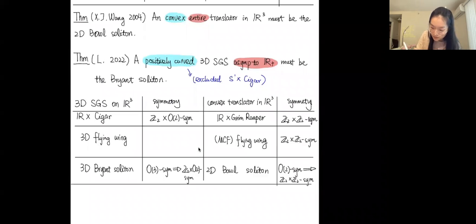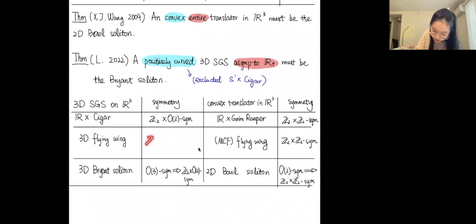So with this comparison with the mean curvature flow translators, we can make a conjecture that the flying wings should also satisfy the Z2 cross O2 symmetry.